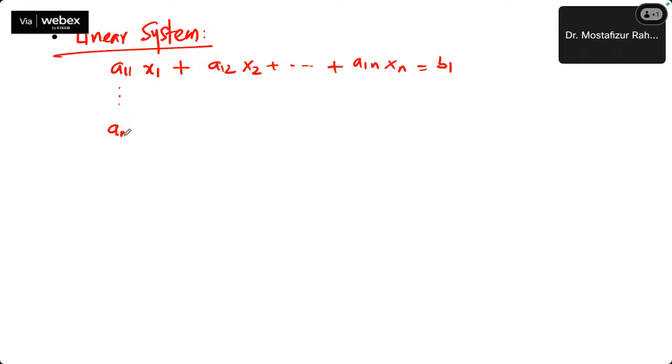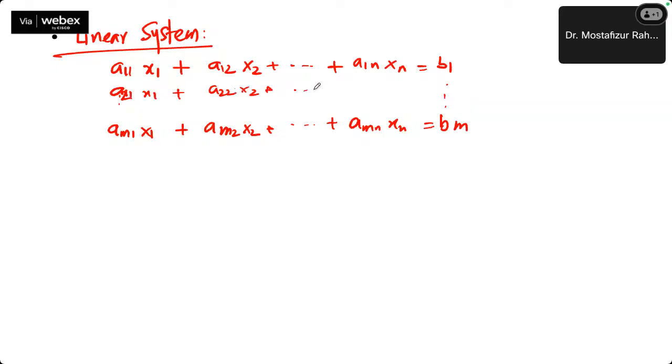Similarly, a21 x1 plus a22 x2, up to a2n xn equals b2.